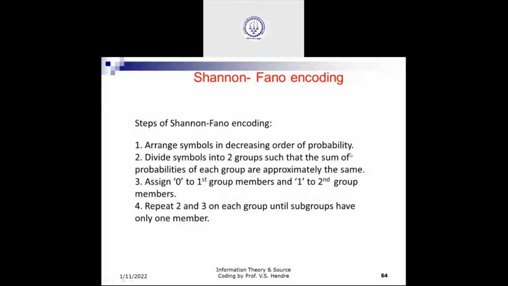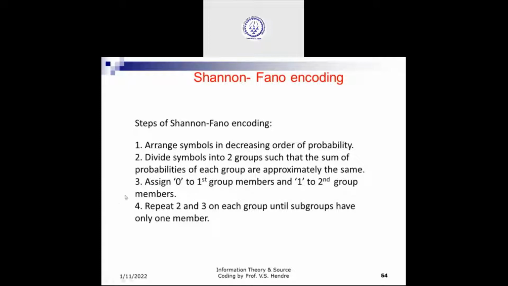If we know this probability of occurrence in prior, we have to arrange the symbols in decreasing order of probability. Step number 2, divide symbols into two groups such that the sum of probabilities of each group is approximately the same. It is not every time that we'll get an equal division of two groups, that's why the word approximately.